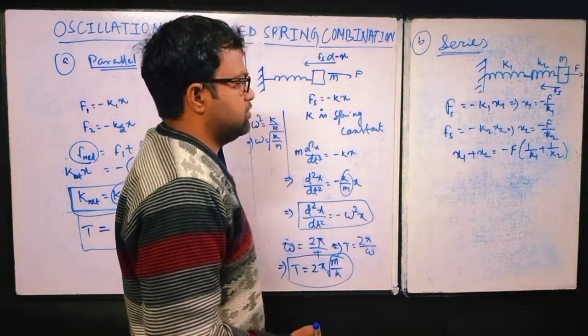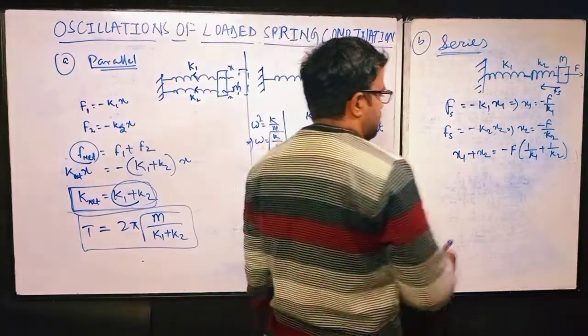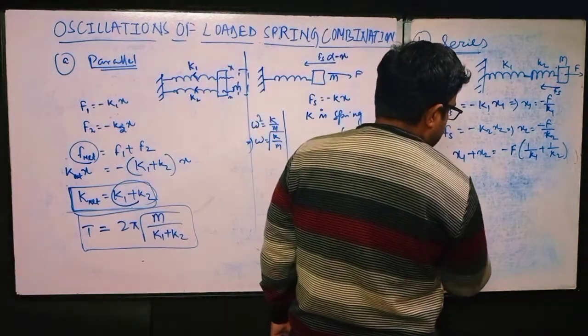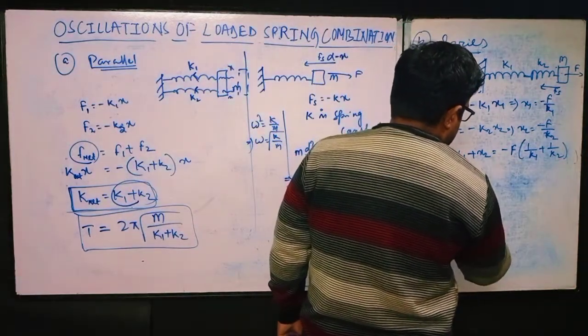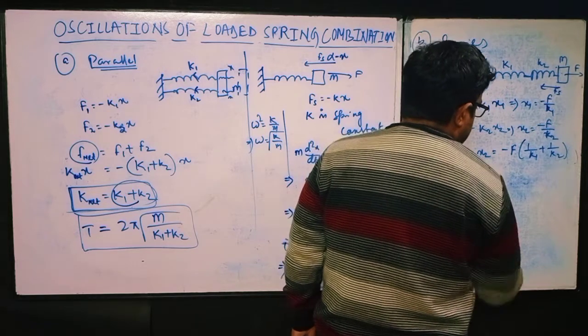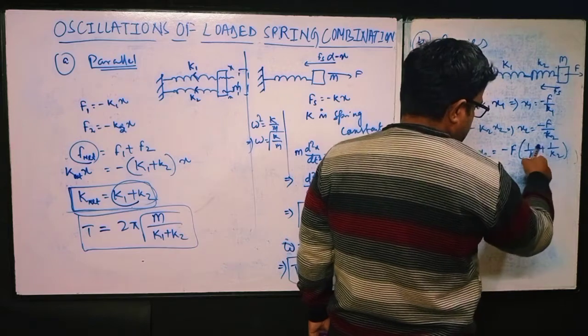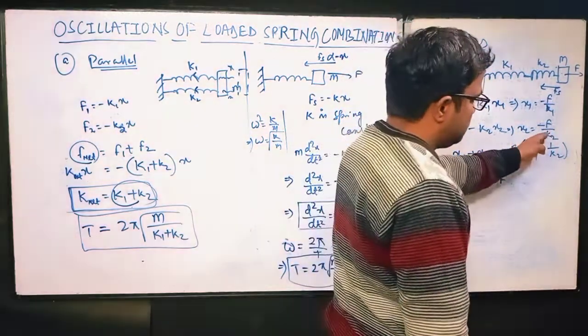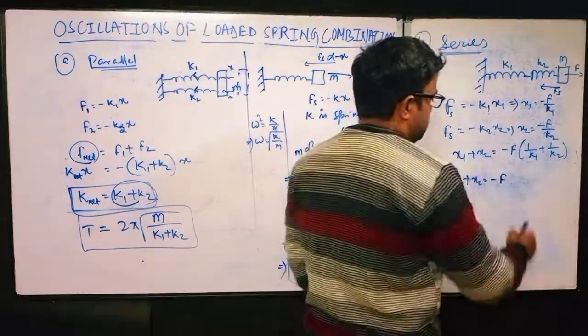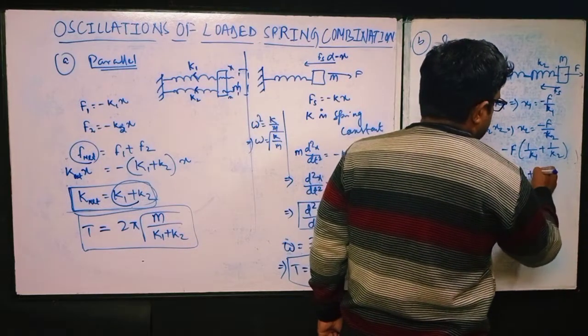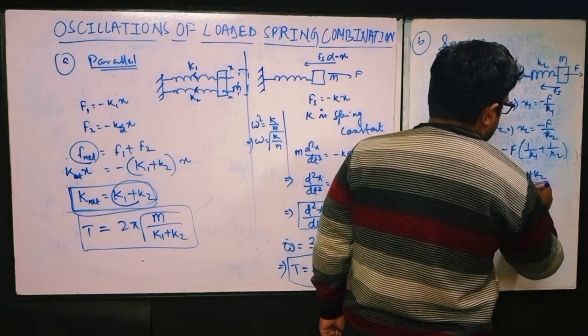So x1 plus x2 is equal to minus F, with numerator K1 plus K2 and LCM K1 K2.